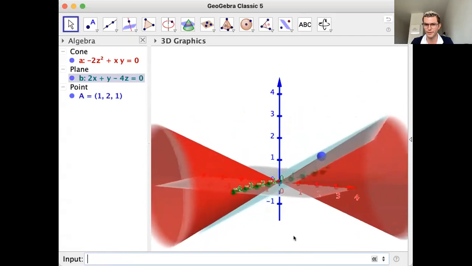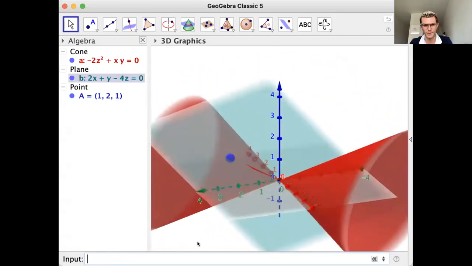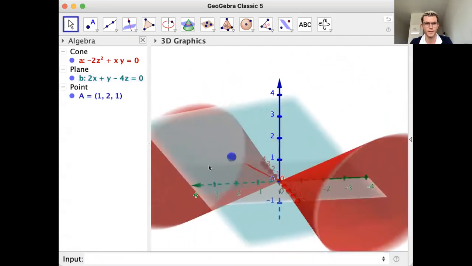There's your tangent plane. And so you see it touches the cone. It's supposed to be regarded as something that is tangent to the cone. I mean, this was a cone, so it's sort of tangent to the cone at that point. Is that making sense?